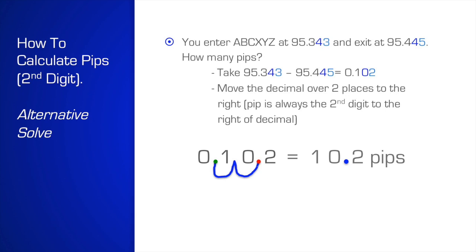You entered at 111.443 and exited at 111.909. Okay? Now, what do you do? You subtract them, and you should get 0.446. If you slide the decimal 2 places to the right, you should get 44.6 pips.